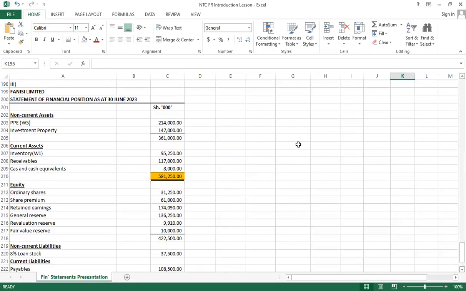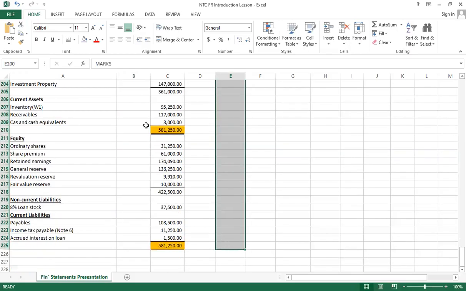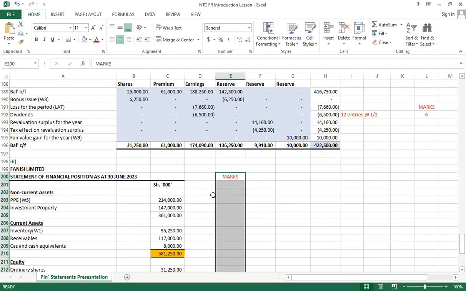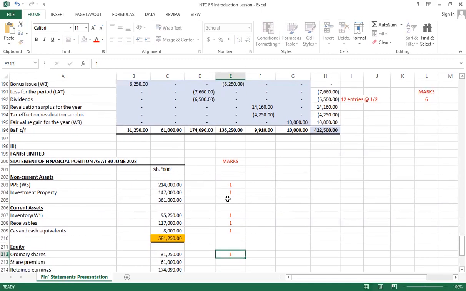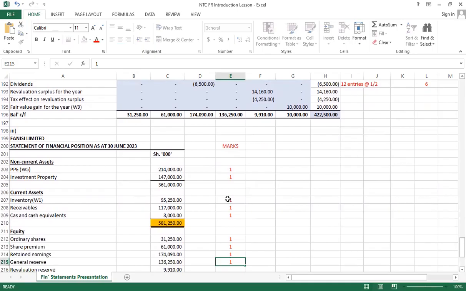And then for the balance sheet, the marks awarded for it will be: the PPE will have 1 mark, the investment property 1, each of the current assets 1. The totals we leave out.